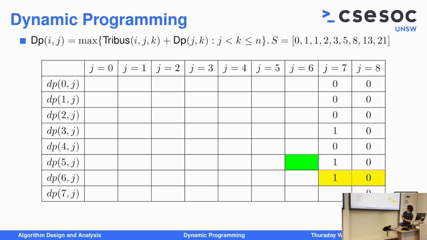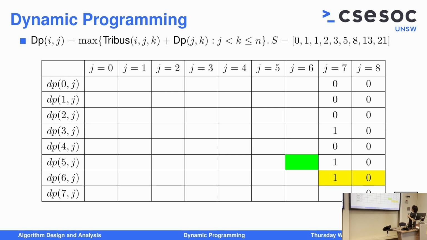The second column gets more interesting now, because we now have two dependencies, because k can be both 7 and 8 now. We've moved to the left of it, we have this space now, such that k can be 7 or 8. Firstly, we can no longer have this dp of 6, 6, because once again, i is strictly less than j. So we look at the next thing, 5, 6.